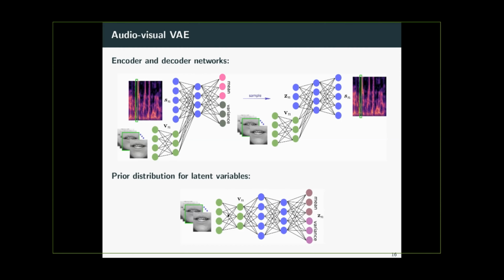So I have vision helping at 3 different places: on the prior of the code, at the bottom of the slide; on the posterior of the generative model, top right of the slide; and on the posterior of the inference model, top left of the slide. Here, as this is an important point for later, you see that vision is always there. I am always using vision in these 3 places.